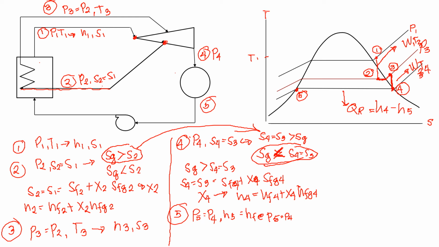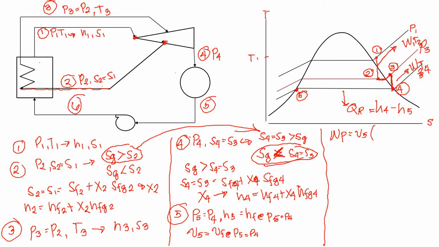Okay. We also want to find the V5, specific volume, where V5 is equal to VF at pressure 5, which is equal to pressure 4. Okay. So therefore, the work of the pump is just equal to V5 times, okay, we look at this from 5 to 6.